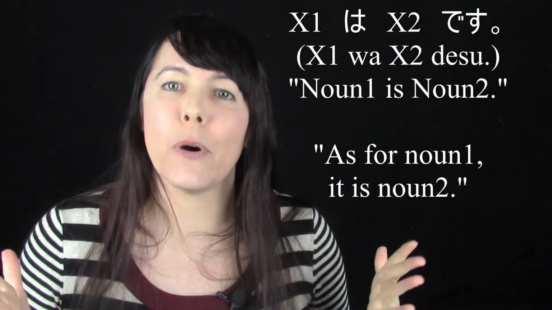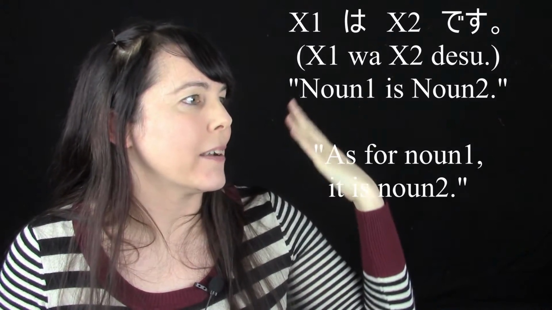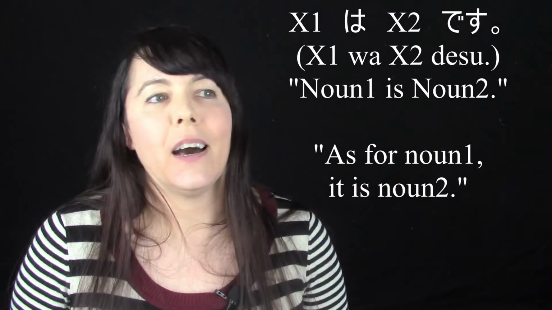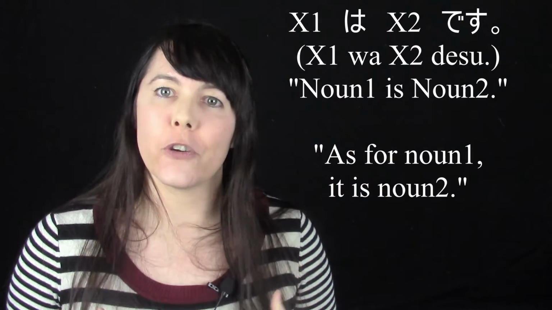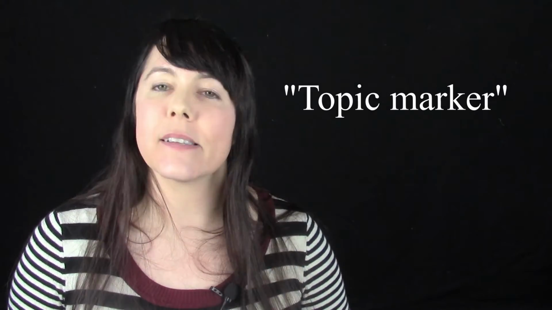Now that might seem like an overly wordy way of describing it, since you're just saying noun 1 is noun 2, but it has that sort of nuance to it. If you want to get into more advanced grammar, your textbooks will usually describe wa as what is called a topic marker. You're marking the topic of the sentence, not necessarily the subject of the sentence.